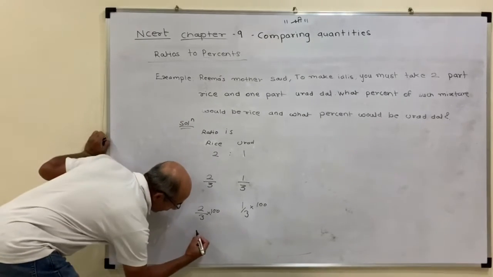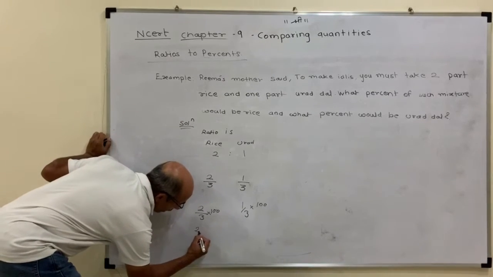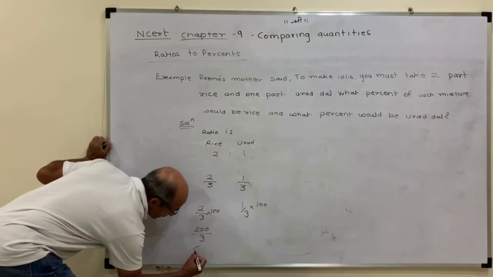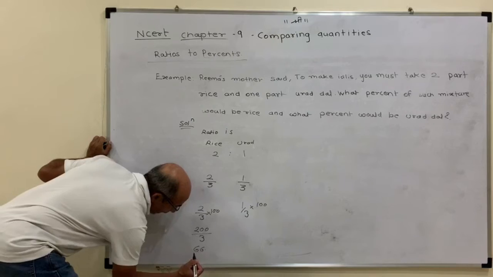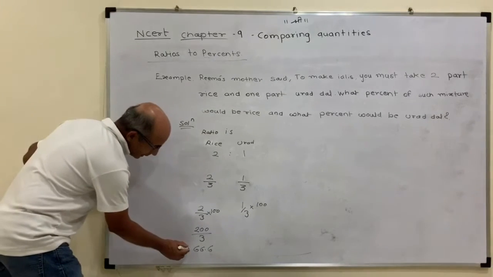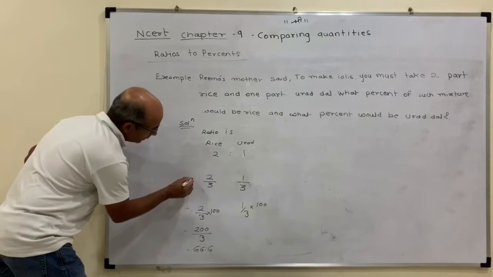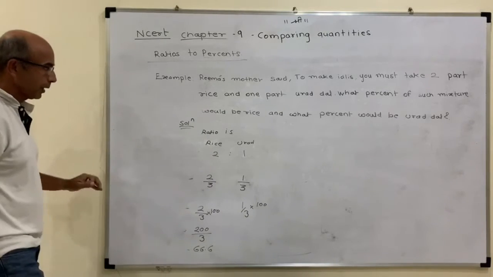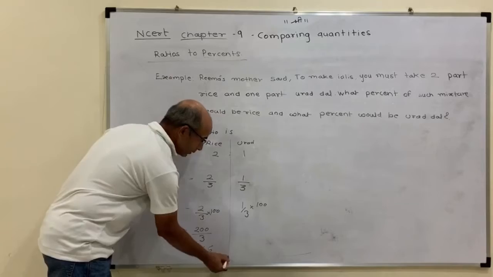Here it comes out to be 200 divided by 3. 3 6s are 18, 3 6s are 18, and 3 6s are 18. So it comes out to be 66. This is the calculation for the rice.